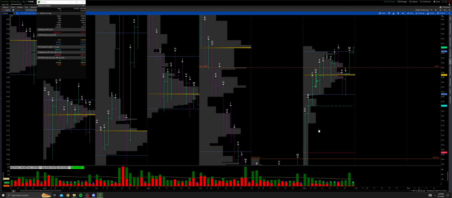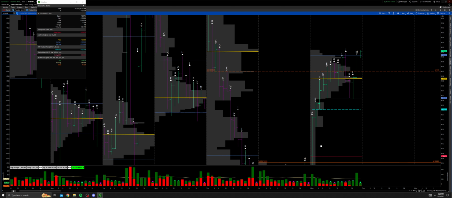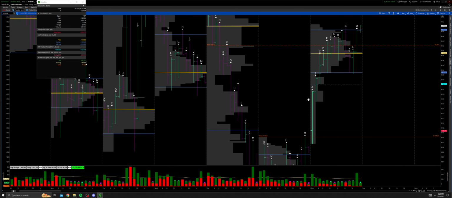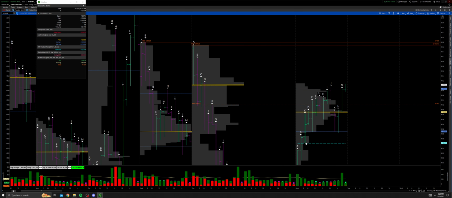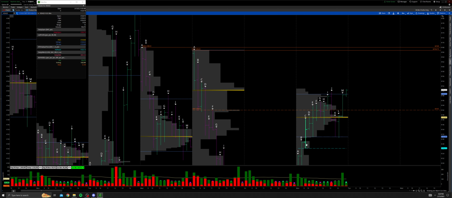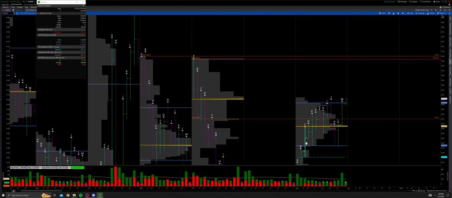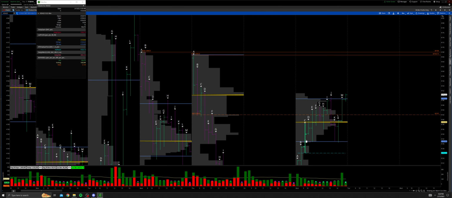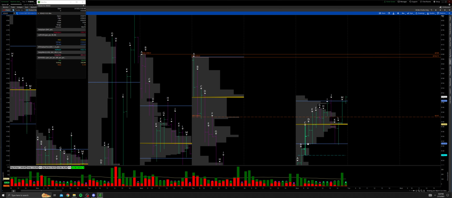So A and B's high and low. So A's low and B's high in this case was the initial range, initial balance that you were looking to break out of. We broke out of it to the upside in C period, continued a one time frame up, creating another small set of single prints, and then grinding higher in D.